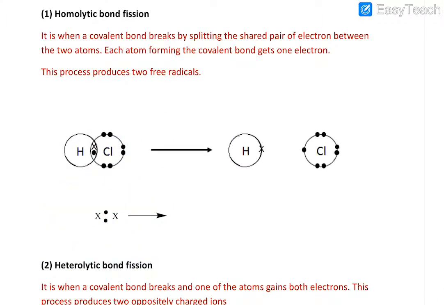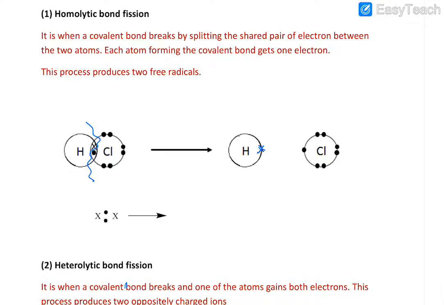So the first type is when the bond breaks in an even way. So the splitting is going to cause the shared pair of electrons to be equally distributed. So here, like this. So each one gets 1 electron. So you have hydrogen gets 1 electron, and then the chlorine gets 1 electron.